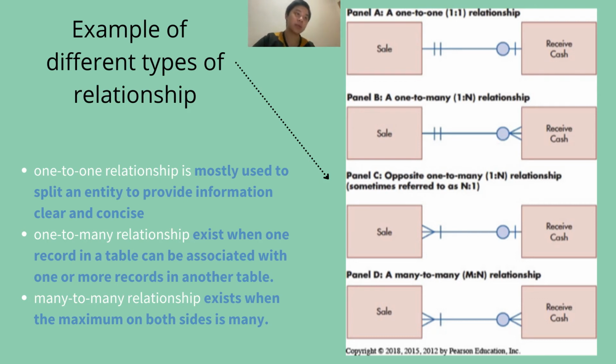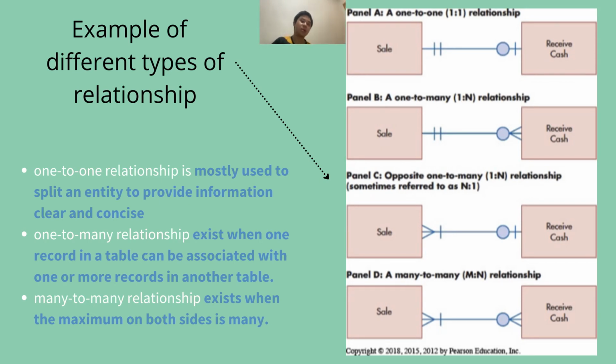At last is the many-to-many relationship. It refers to a relationship between two entities, X and Y, in which X may be linked to many instances of Y and so on.